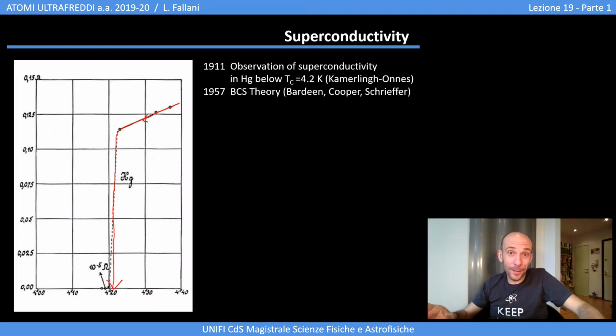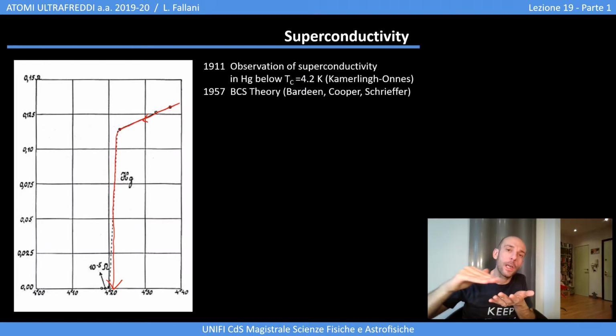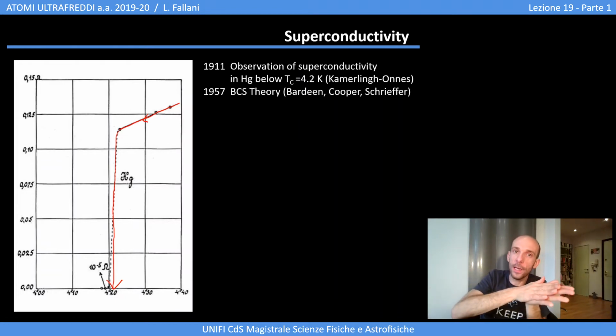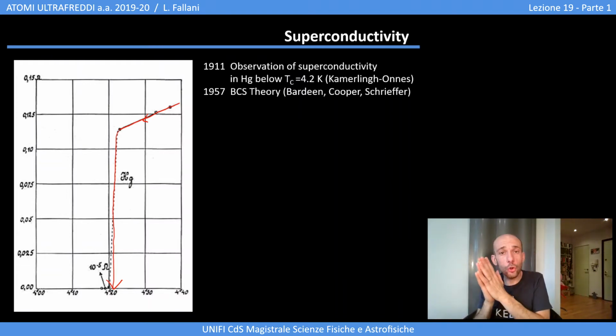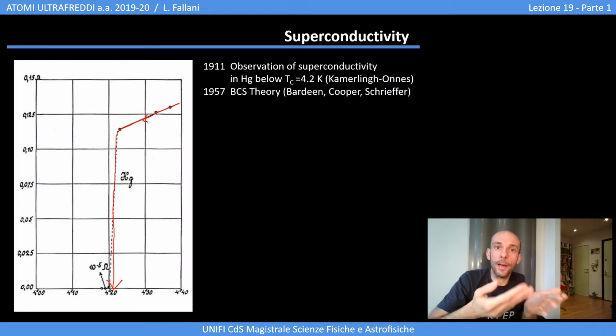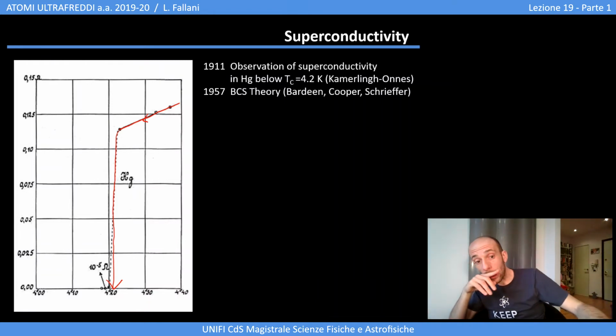This is superconductivity. And superconductivity has a lot in common with superfluidity. So superfluidity is the possibility of a fluid to flow without any mechanical friction, so without any waste, any dissipation of mechanical energy. Superconductivity is the possibility of an electrical current to flow in a material without any dissipation of electrical energy because of the absence of resistivity.